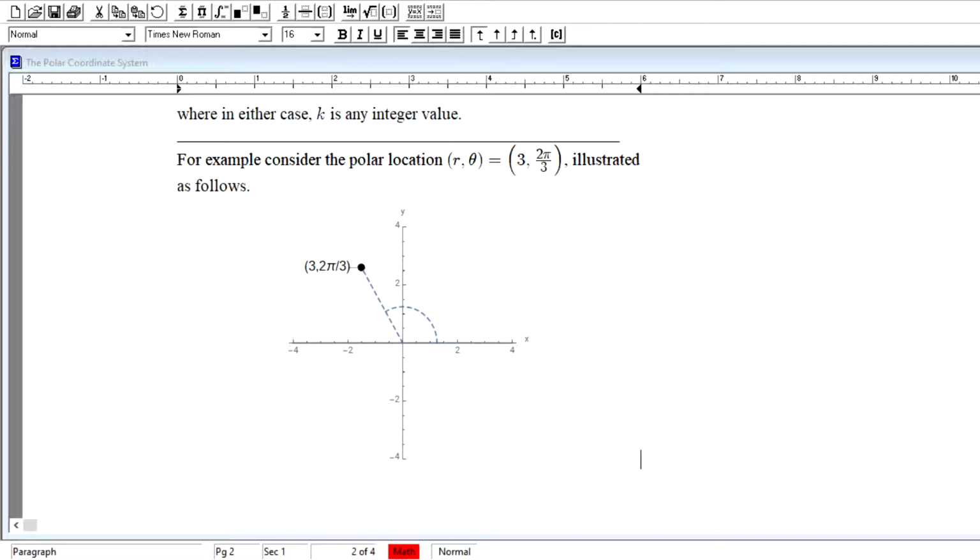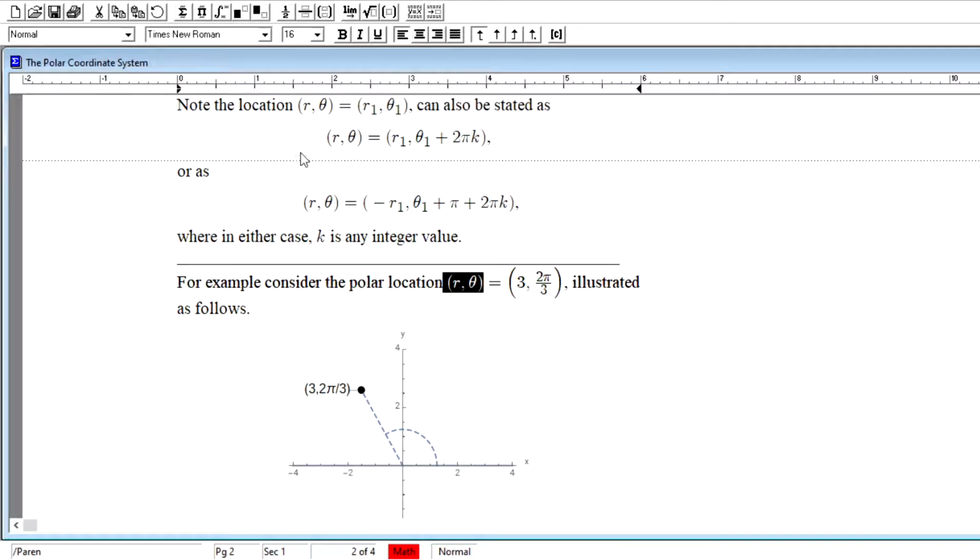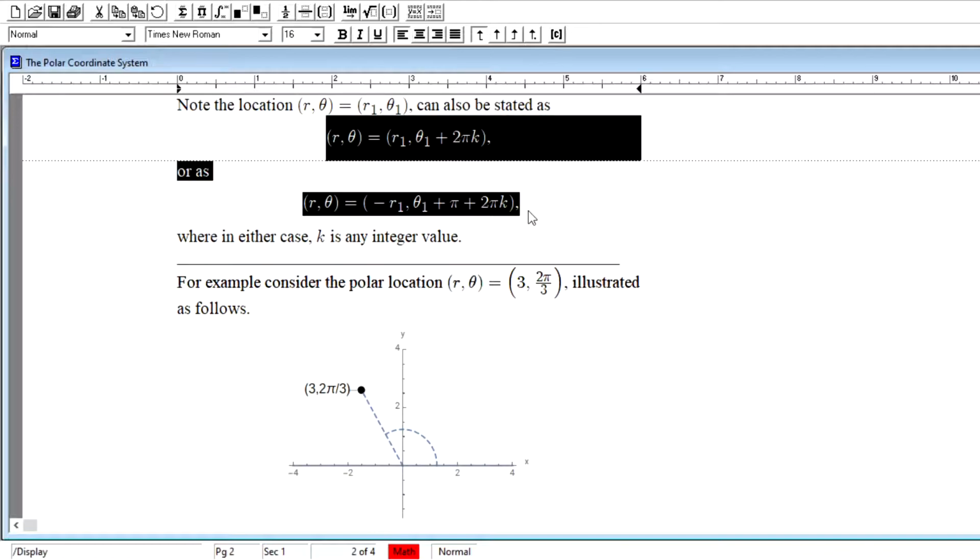Now that does describe this location in this two-dimensional space. As we've highlighted, though, this location can actually be described, in the polar context, I should say, with an infinite number of different descriptions. In addition to this description, we can use the formulas we see here above to come up with the other infinite number of descriptions that would be possible to describe this polar location.